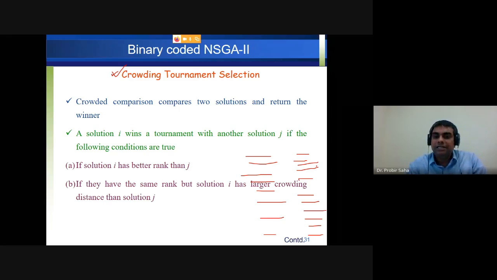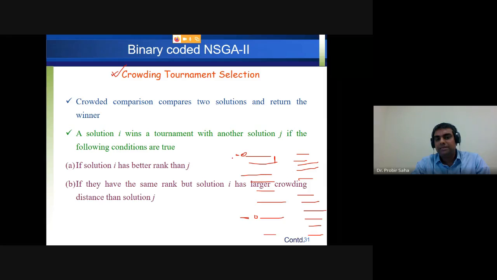But here, how is it done? Say I compare this and this. I compare this and this. Maybe I can give 2 chances to every solution to compete with each other. When they are competing, say I have chosen these 2 solutions for reproduction. First I will see whether this has a better rank than this or not.